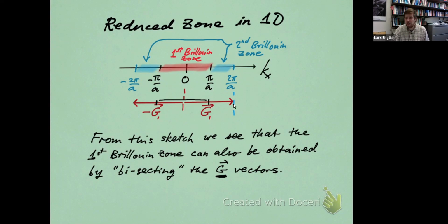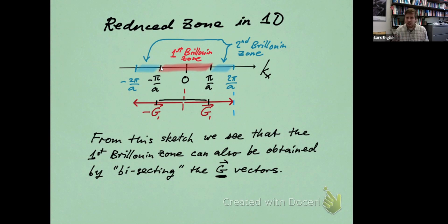So if you take this vector and you sort of cut it in half, if you will, then you get to the boundary of the first Brillouin zone here. And similarly, if you take the minus G1 and bisect it, go to the halfway point, then you end up with the other boundary of the first Brillouin zone. So it seems like that's one way we could construct the first Brillouin zone, by looking at these reciprocal lattice vectors that, remember, encapsulate the periodicity of the atomic lattice, right?